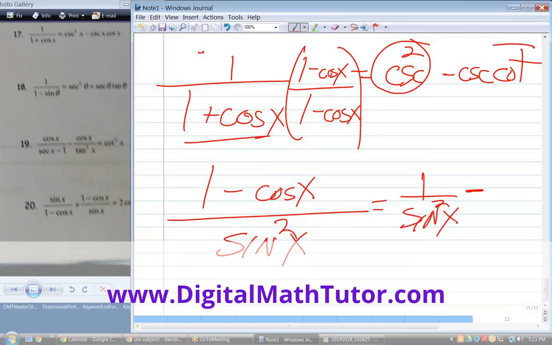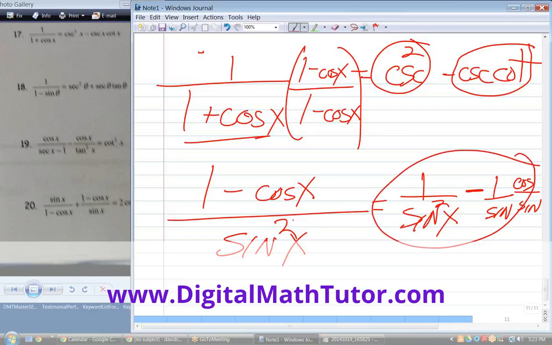And then if we just use the quotient identity for cotangent and the reciprocal for cosecant, what does the top become? In other words, it's 1 over sine. That's the cosecant. Cotangent is cosine over sine. See where we're going with this? So then that turns into minus cosine over sine squared. Yeah, turns into the same thing.